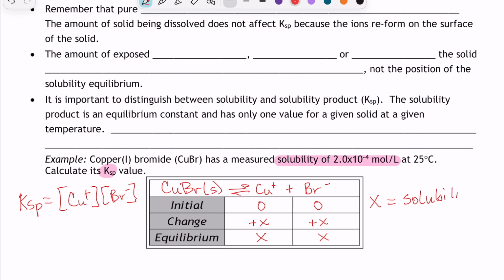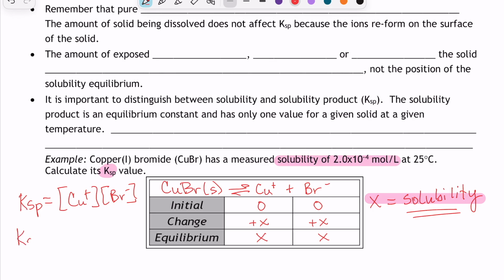That makes this problem really easy, because we know the solubility. When we do our ICE chart, this value of x that we get is our solubility. So now all we have to do is plug in what we know. In this case, we want to solve for Ksp.